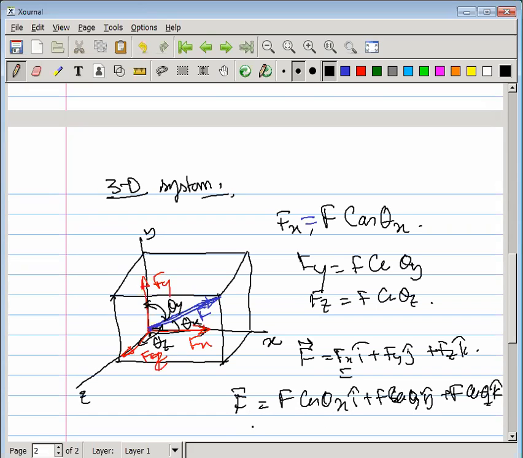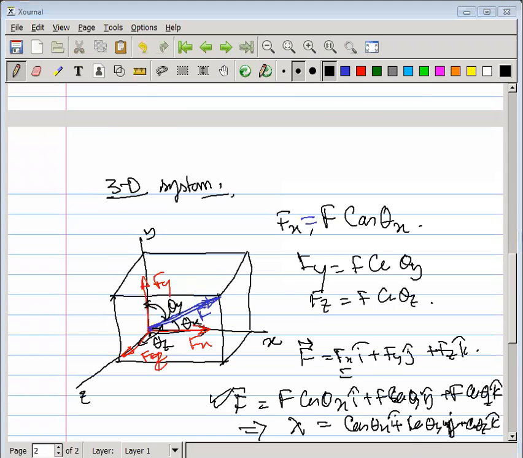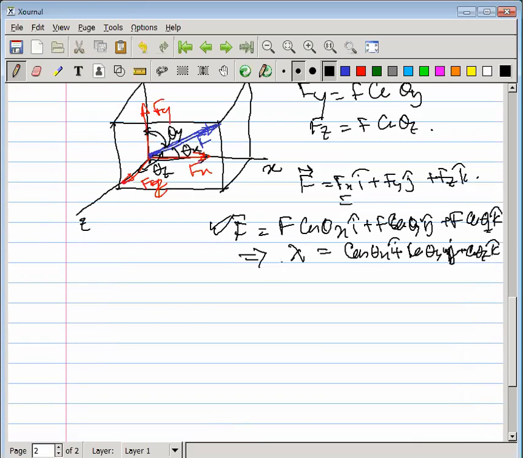We can say that lambda is the unit vector of this force vector, which is nothing but cos theta x i plus cos theta y j plus cos theta z k. This is the unit vector of this force system, right?